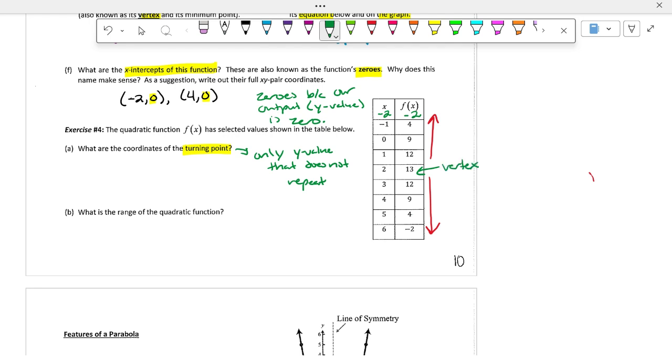So what's the actual coordinate for the vertex? 2, 13. Yes. Now this table is just a snapshot of the actual quadratic function it came from. So if we graphed this quadratic function, what do you think the range would be?